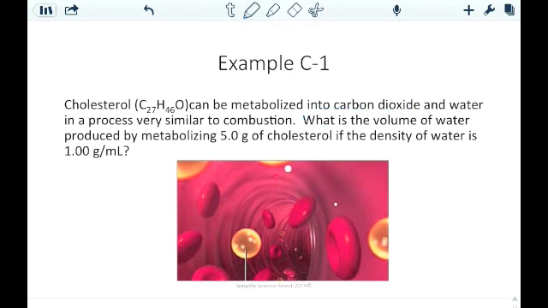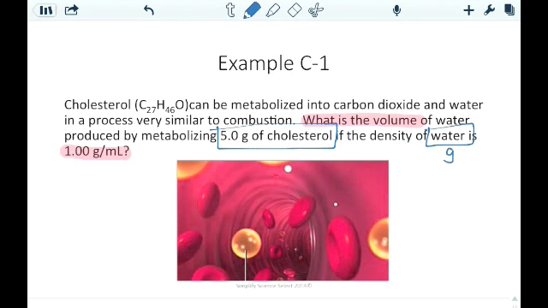Now it gave us the density, which we can figure out. With water, 1 gram per milliliter means that 1 gram is going to equal 1 milliliter. So we find the number of grams, we find our milliliters. So it's really only going from grams of cholesterol to grams of water.